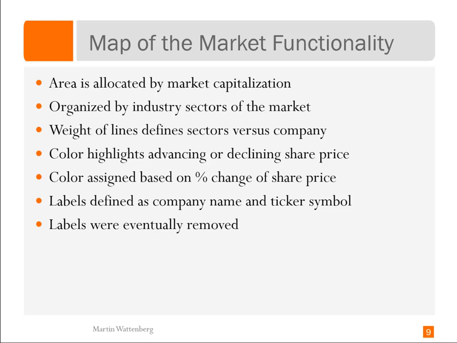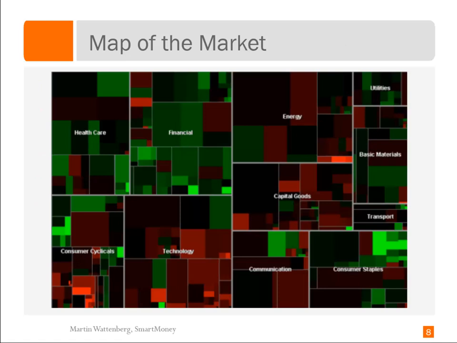And then it's organized into large blocks by industry sectors of the market. The weight of the lines defines sectors versus the company. So we see our industry sectors have much thicker lines between them than the lines between our smaller blocks for our companies.